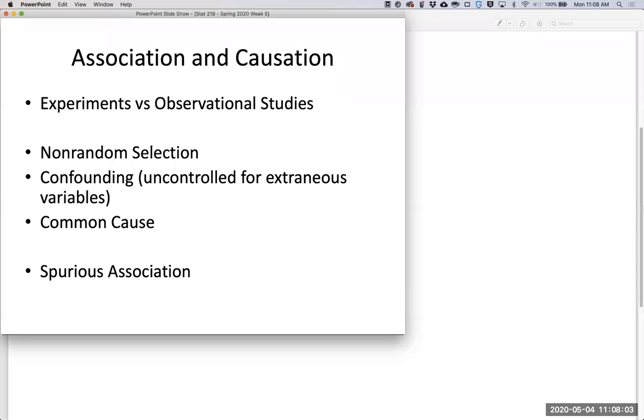In an observational study, you cannot conclude cause and effect, primarily because of things like confounding variables, common cause, or non-random selection. The other possibility, whether experiment or observational study, is just bad luck alone. It could be a type 1 error. If we see a difference between the two means, it could be spurious association.